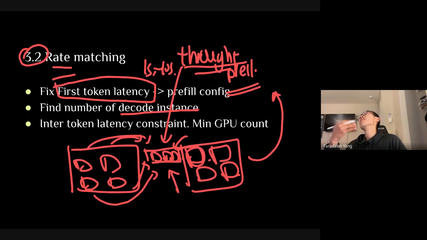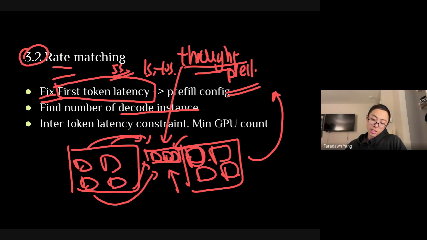It's usually like 1 second or 5 seconds, right? And you will get annoyed if it's too long. So GPT under the hood fixes a first token latency, say 5 seconds, so that you must give users a token within 5 seconds.